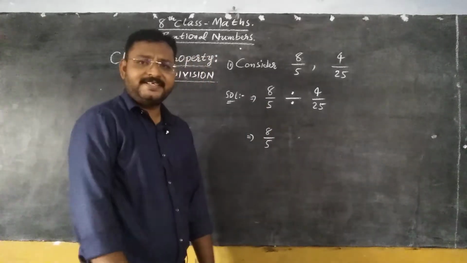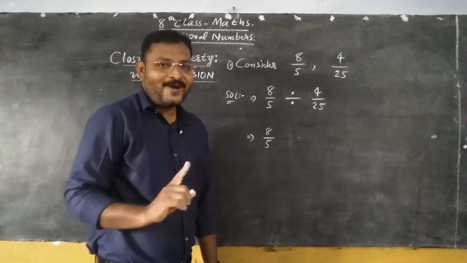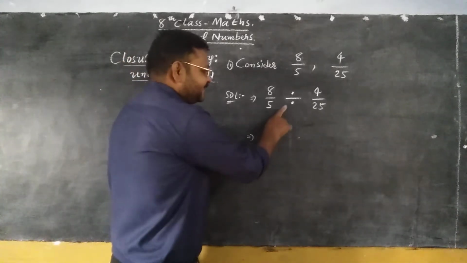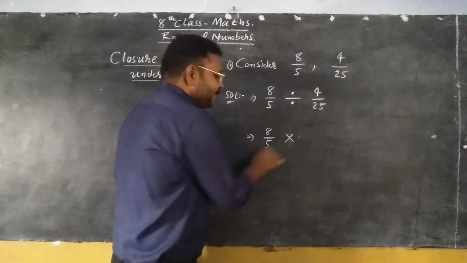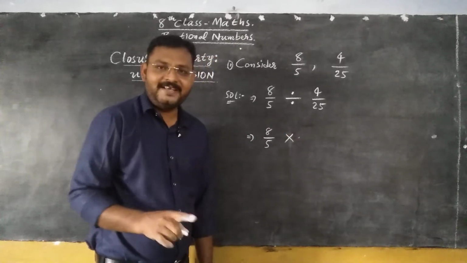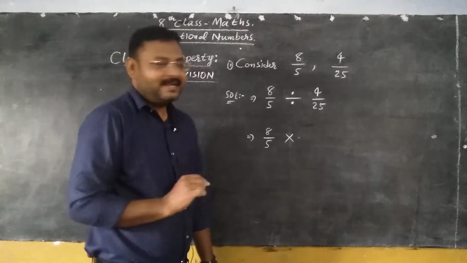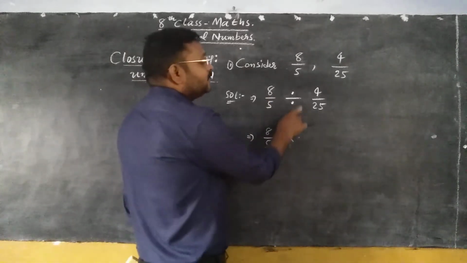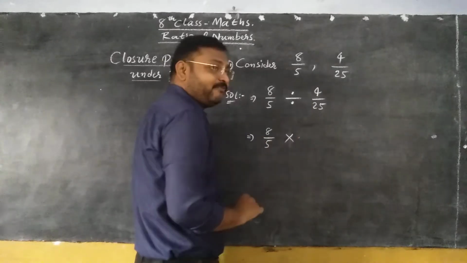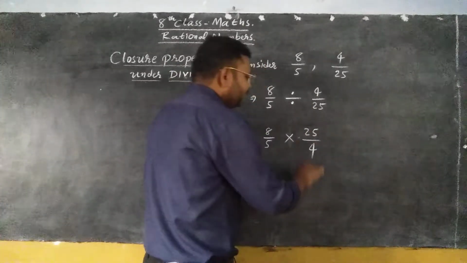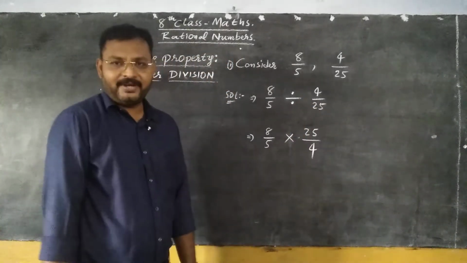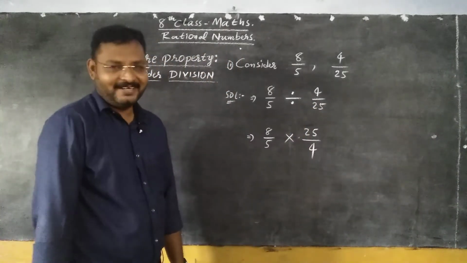And now the change: division becomes multiplication by the reciprocal. The reciprocal of 4 by 25 is 25 by 4.